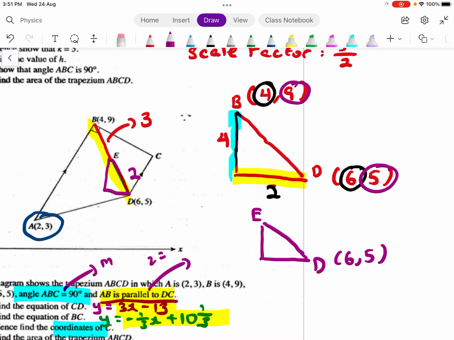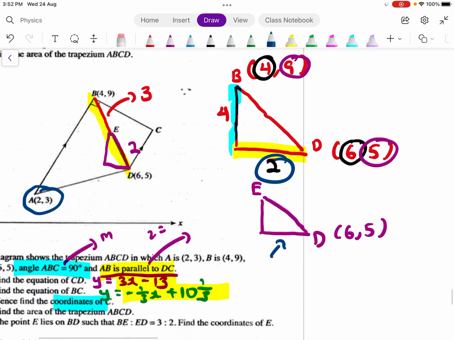Since the big triangle is 2.5 times bigger than the small triangle, can I also say that this is 2.5 times bigger than this side here? Can. So that's why I find the scale factor. Then I find the length. Since the big triangle's base is 2 units, the base of the small triangle is 2 divided by 5/2, so it's 4/5, or 0.8.